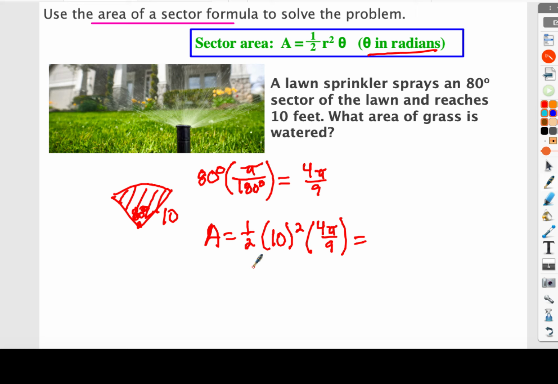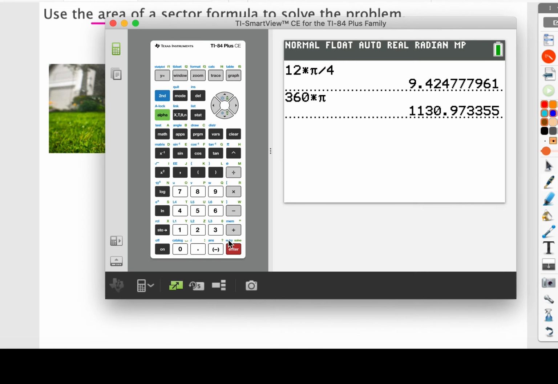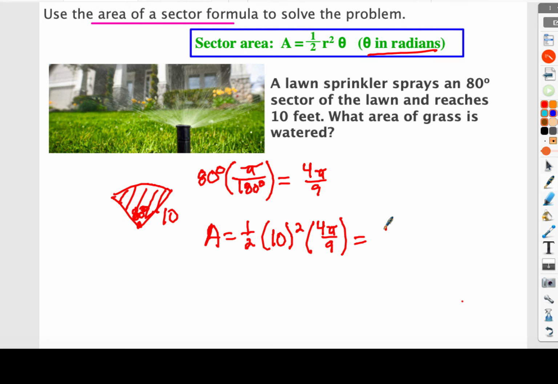So half of 100 would be 50, and 50 times 4 pi over 9, well, let's go ahead and find that. 50 times 4 pi divided by 9, and we've got 69.813. And again, now we're talking about area, so that would be square feet.